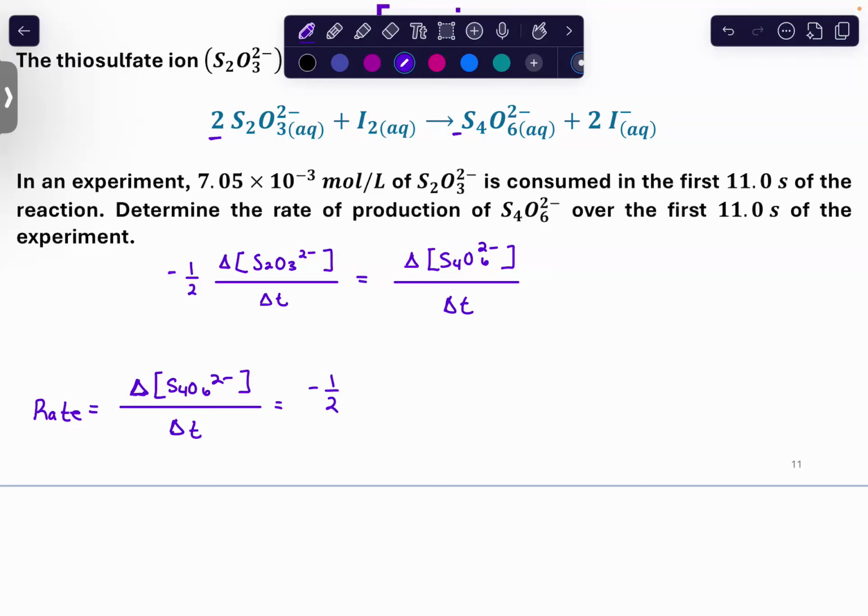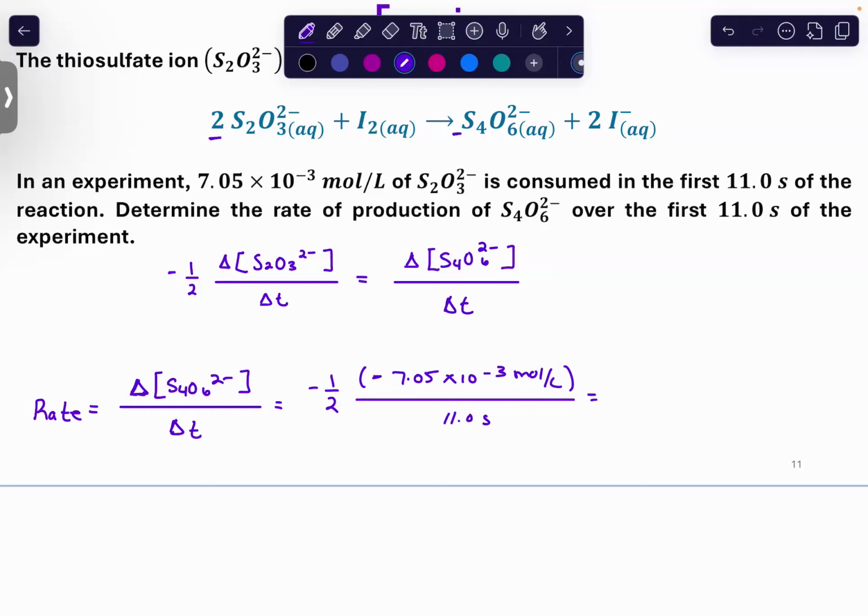And my rate of change, the change in thiosulfate over change in time, when delta T is 11 seconds.